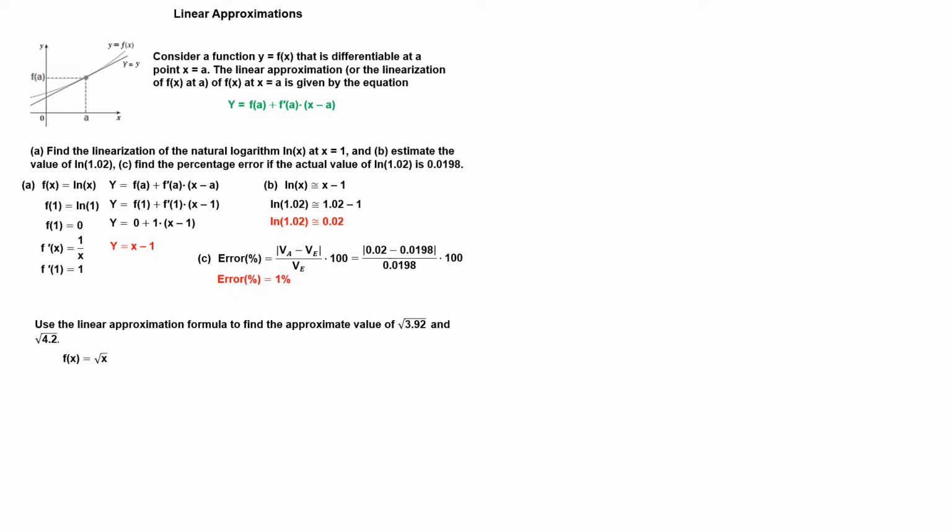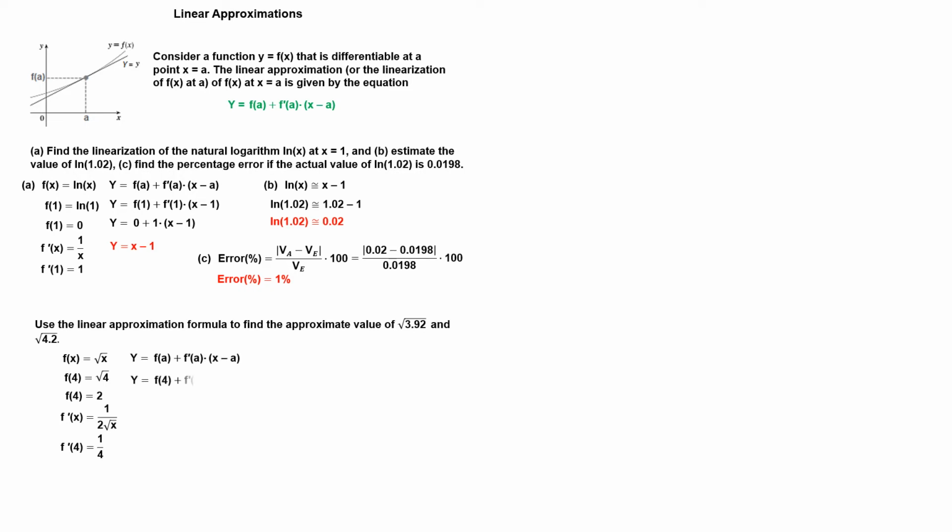We now follow the steps to perform linear approximation. First, plug in the given value of the given variable a for x. Then solve for the value of y. Second, take the derivative of the given function f of x and its value at point x equals 4 to find the slope of the tangent line. Third, plug these values into the linearization equation above.